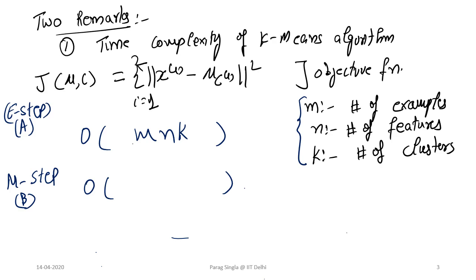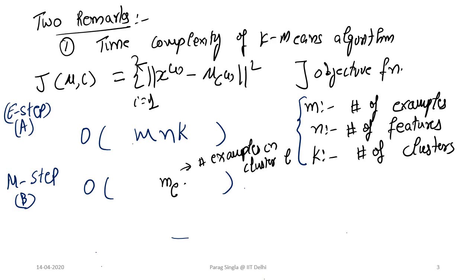For a particular cluster, to compute the centroid, we take all the points in that cluster. So let's say m_l denotes the number of points or number of examples in the cluster with index l.